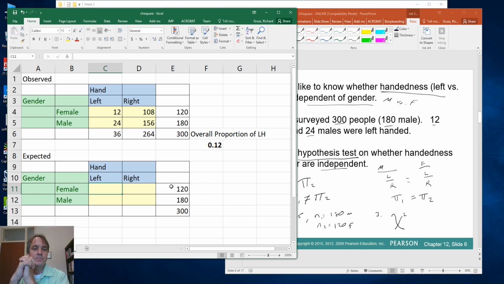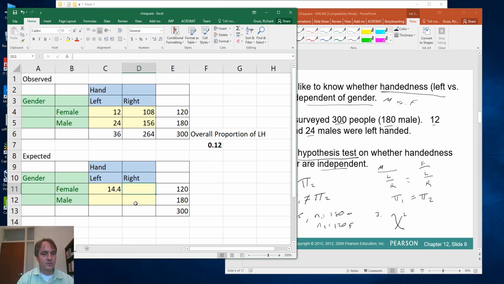That would be 12% of 120, because that's the overall proportion. So this is equal to the overall proportion times how many females we had. Given that they're 12% overall, we would expect 14.4 females to be left-handed.